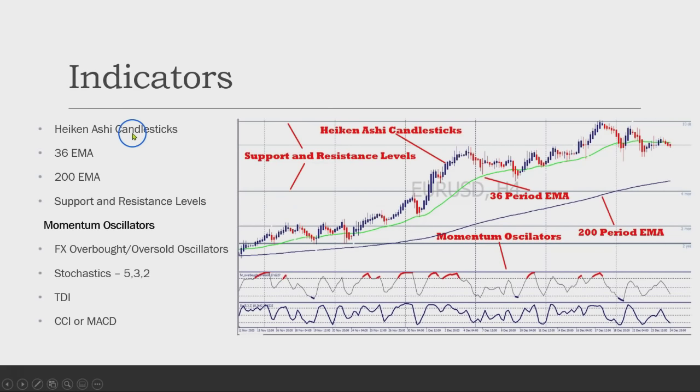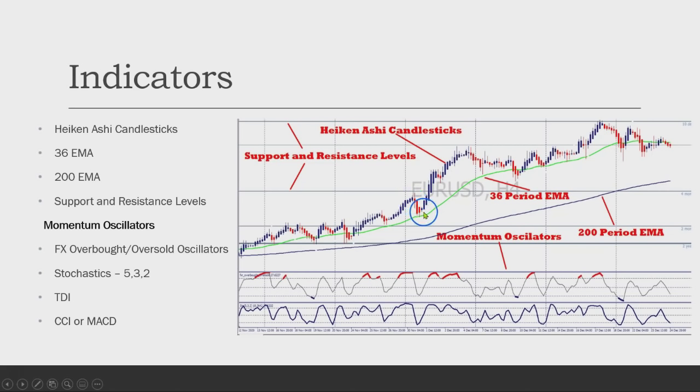The reason why I use the Heiken Ashi candlesticks is simply because they clean the chart up for me basically. They show me a clear picture of the direction of the overall trend, and I can easily identify the buyers and sellers in the market. So when the sellers come in, I see these red momentum candles.